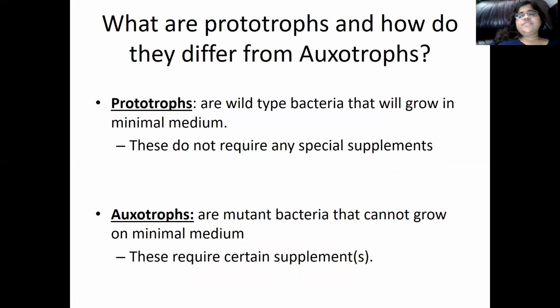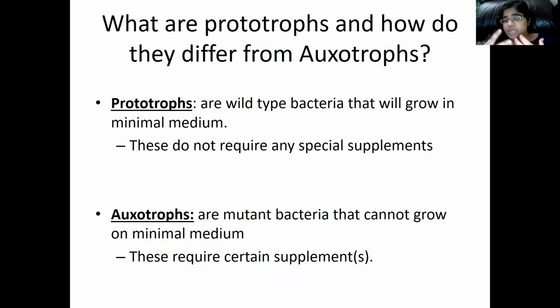So what are the differences between autotrophs, auxotrophs, and prototrophs, right? Prototrophs and auxotrophs are two categories of bacteria. Prototrophs are our wild type bacteria.